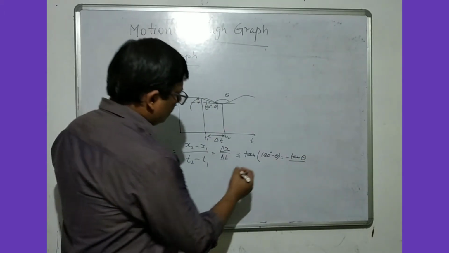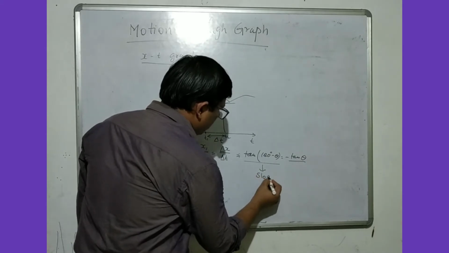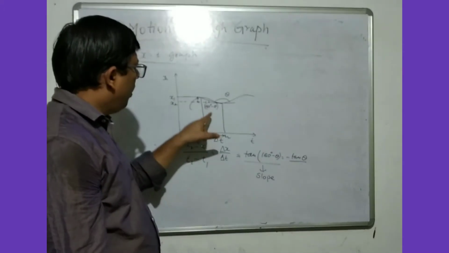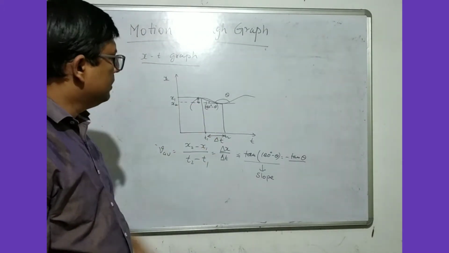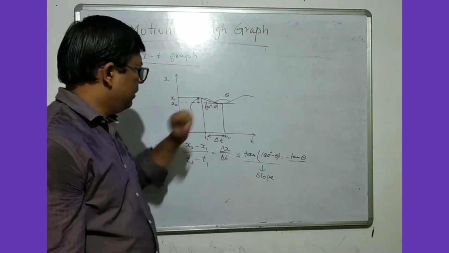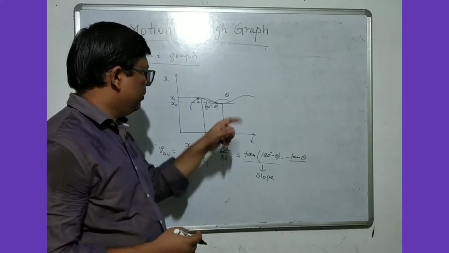This is nothing but the slope. Slope of two positions, this is the first position, this is the second position, gives the average velocity during that motion.